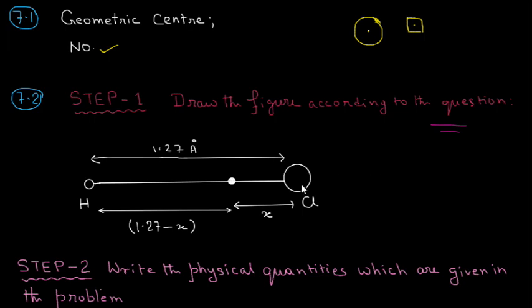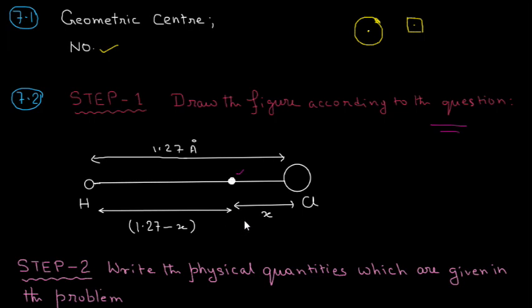Fine. Let us draw the figure. So the small one is hydrogen atom and the big circle is chlorine atom. So we have to find out the center of mass location. Let this be the location for the center of mass for HCl molecule.